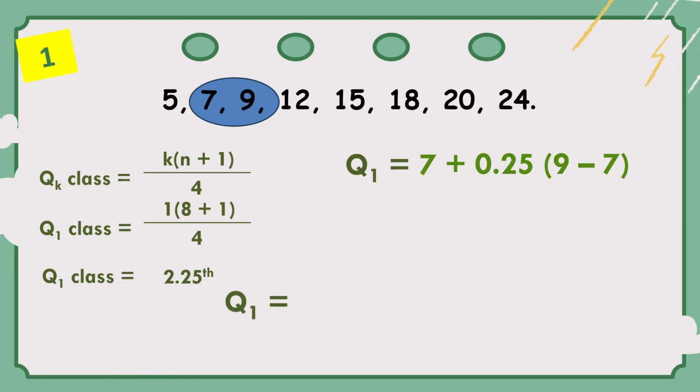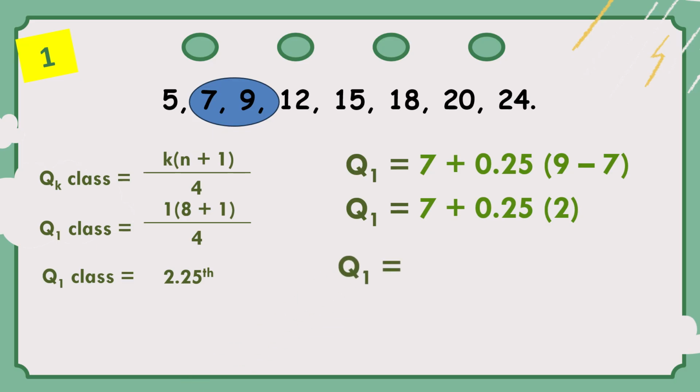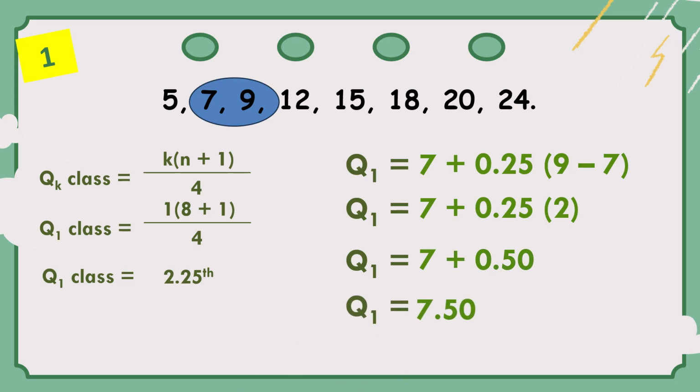So 7 plus 0.25 times 2, that is 7 plus 0.50. So the answer for quartile 1 is equal to 7.50.